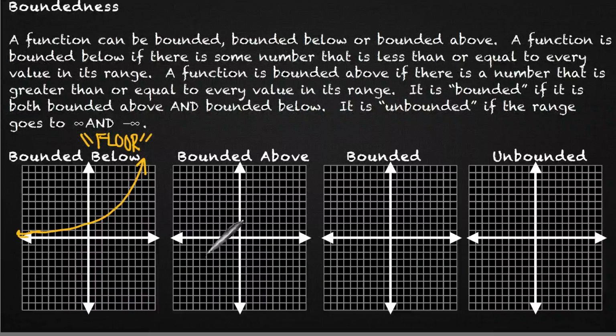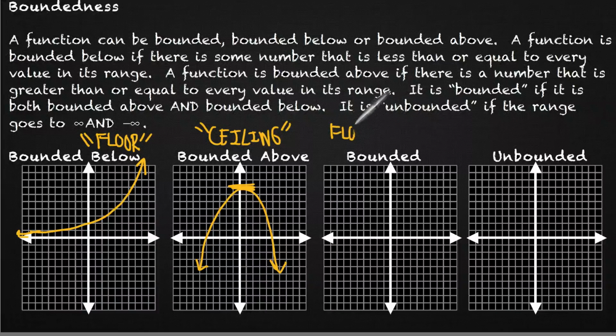Clearly, bounded above would be a ceiling. It has some sort of upper bound that it will never go above. So maybe an upside down parabola would work, because it will never go above that number, ever. Now, bounded means it has a floor and a ceiling.